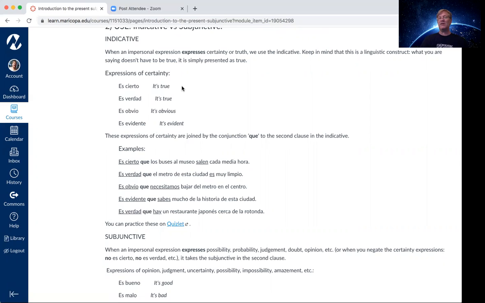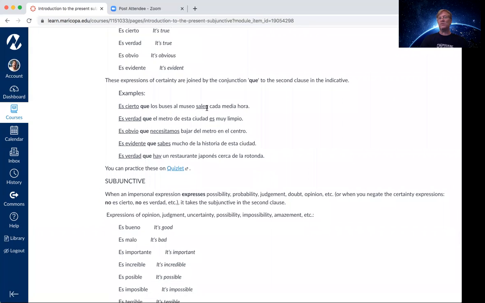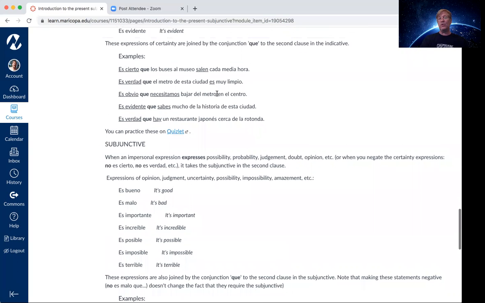These will take the indicative in the dependent clause. Es cierto que los buses al museo salen cada media hora. Es obvio que necesitamos bajar del metro en el centro. Es verdad que hay un restaurante japonés cerca de la rotonda. These are expressing truths or certainties, evidences. And you use the indicative in the dependent clause.